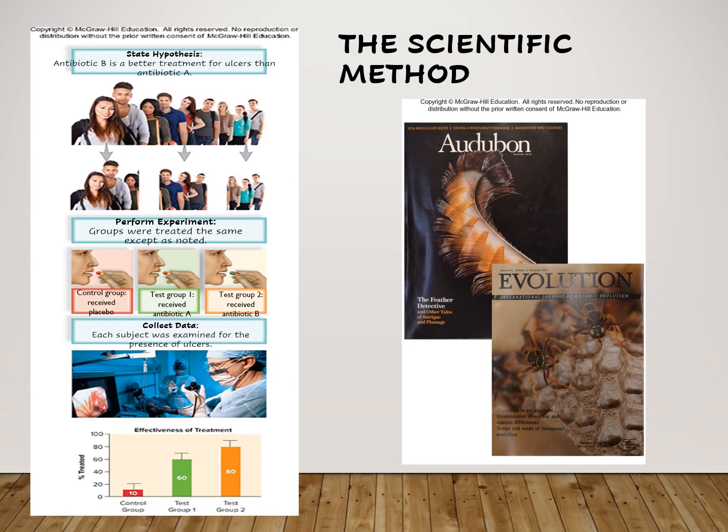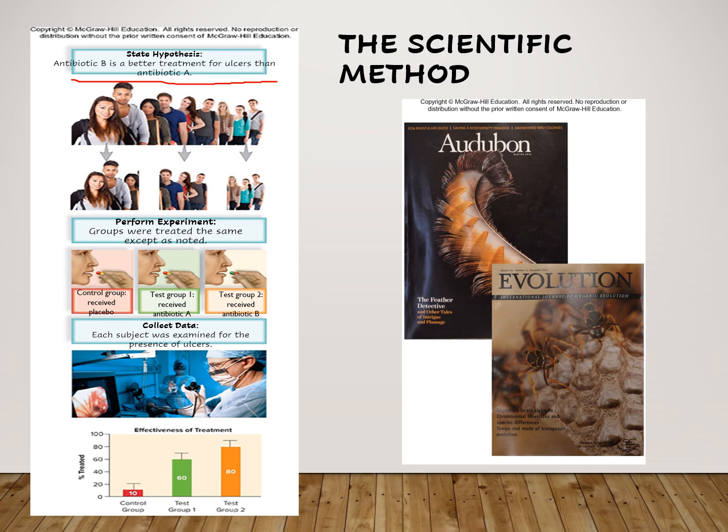Okay, so in this figure, the scientist wanted to test whether antibiotic B is a better treatment for ulcers than antibiotic A, which is currently in use. So he performed the experiments.